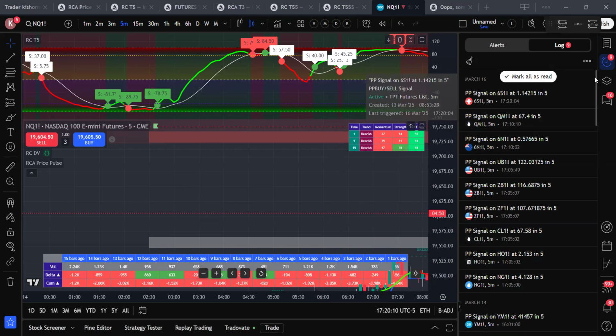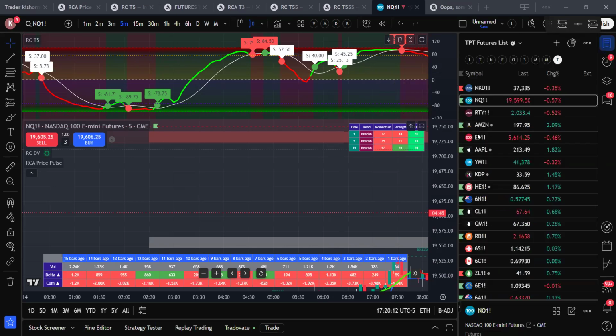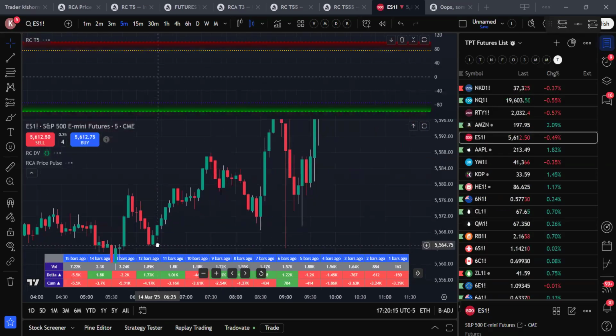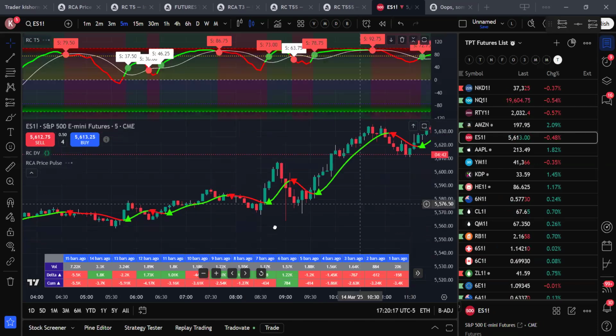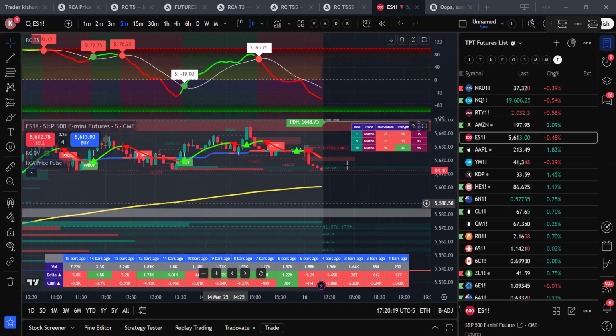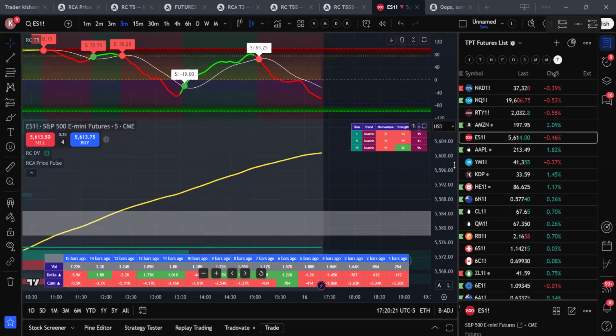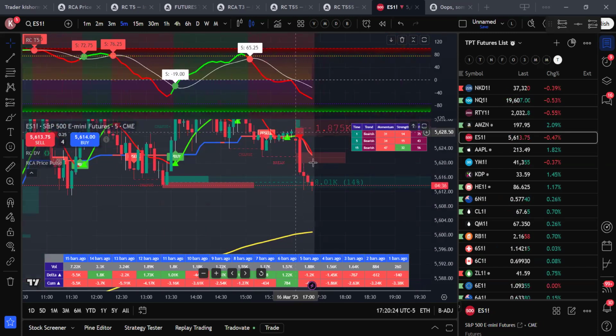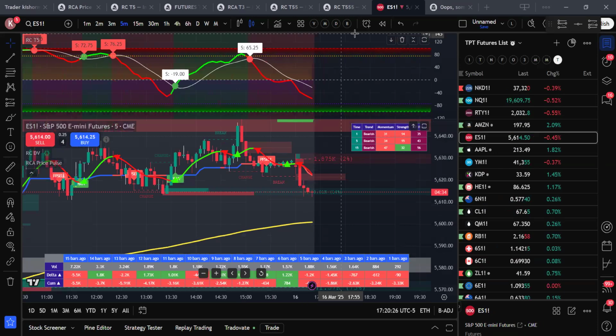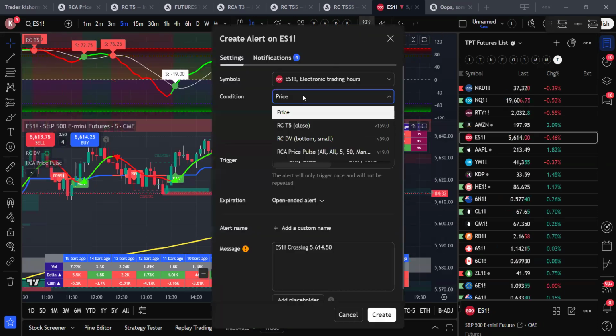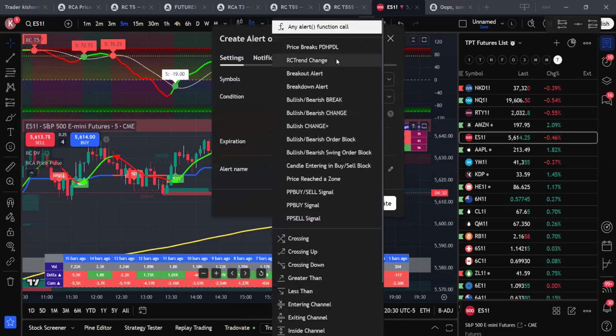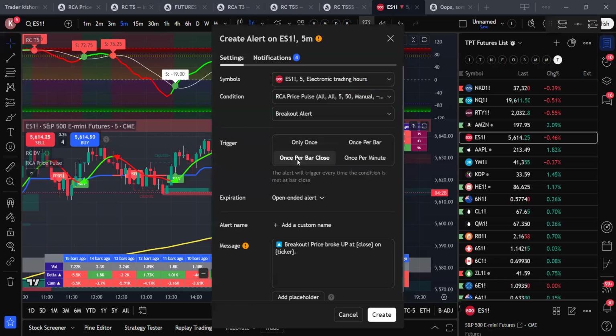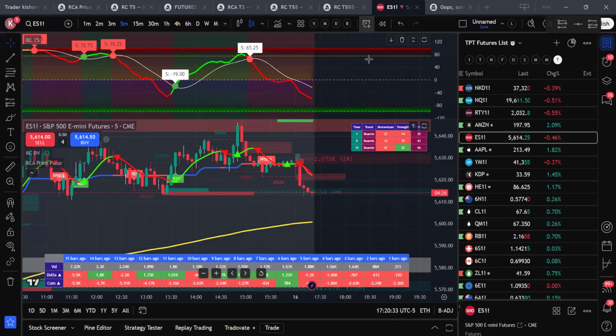If you want to create it on ES, you can go to ES, and you can say Price Pulse breakout alert, once per bar close, create.